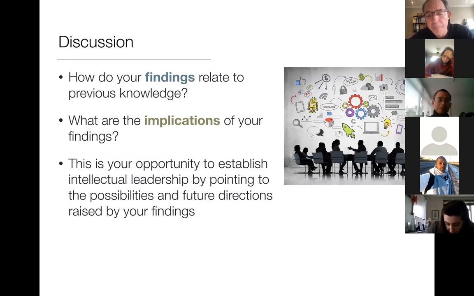Think about it this way. You've done all this research, you made these new discoveries, and you're writing a paper about them. Because your discoveries are new, you're in a position to tell the world about what's going to come next. So this is what I mean by the implications.